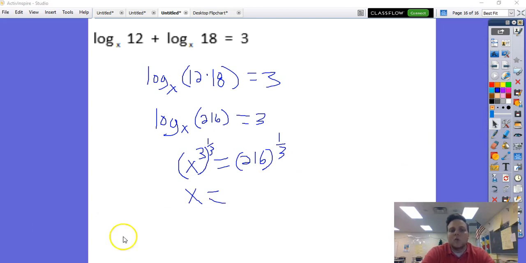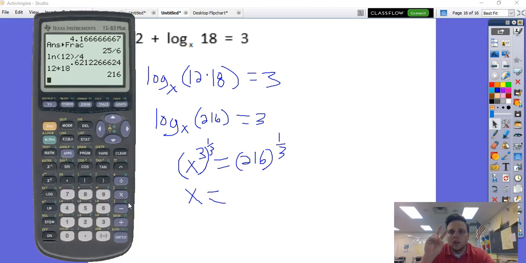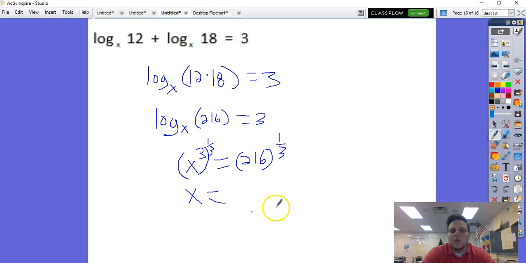It's like taking a square root, but rather than looking for 2, you look for 3. So 216 raised to the 1/3 power is 6. So x equals 6. That's my answer. Ta-da! Okay, let's do another example.